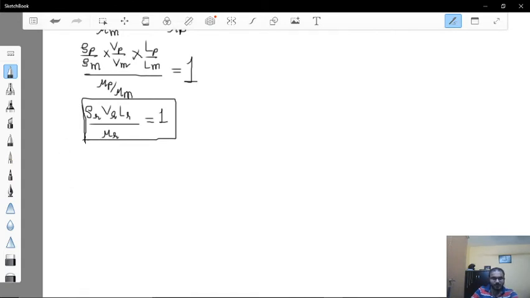That is Froude's model law. Now this is applicable when the gravitational forces are predominant in the given physical phenomenon, and in this case also, similar to our previous theory, the Froude number between the model and prototype will be same.